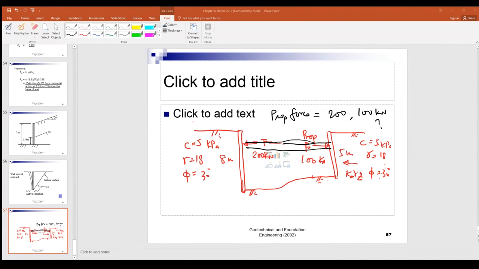The slope will fail just because of gravity. The gravitational pull will try to pull a very large mass of soil down the slope, particularly if the slope is very, very steep. Because the soil mass is an assembly of granular material.